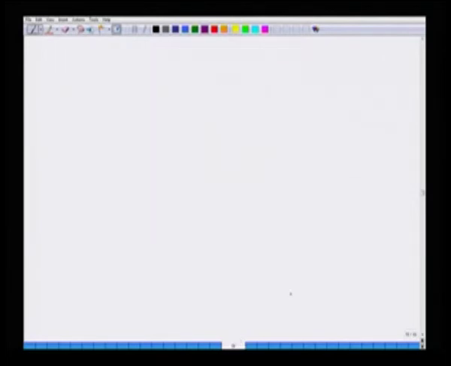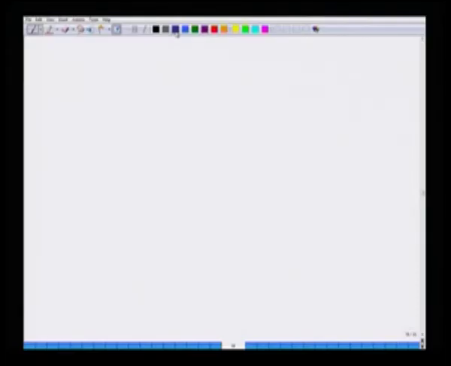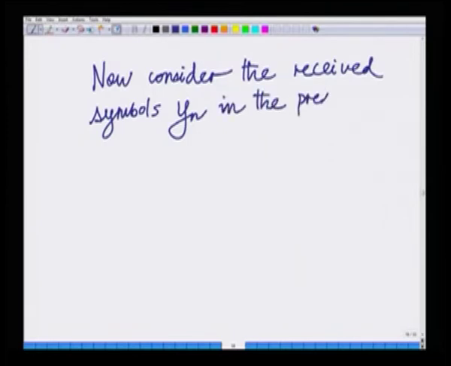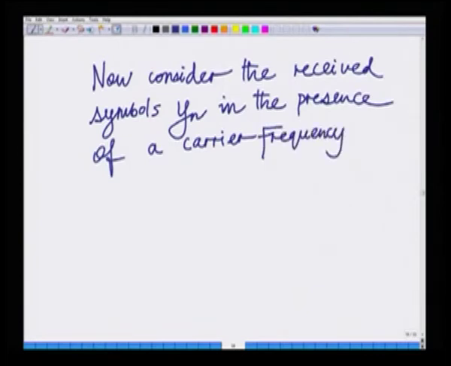Now, let us go back to our original expression in the presence of a non-zero carrier frequency offset. Consider the received symbols y_n in the presence of a carrier frequency offset.